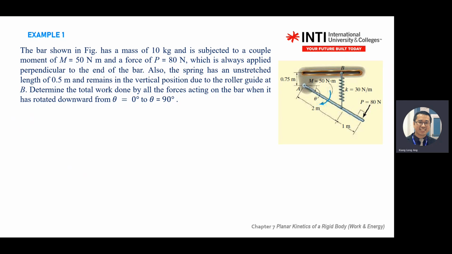And it gives you angle. Angle is 0 to 90 degree, means very straight. Okay. Now, before you move forward, read carefully the question. What question wants you to focus on? The rod. Total work done by force on the bar. Means you focus on the bar.